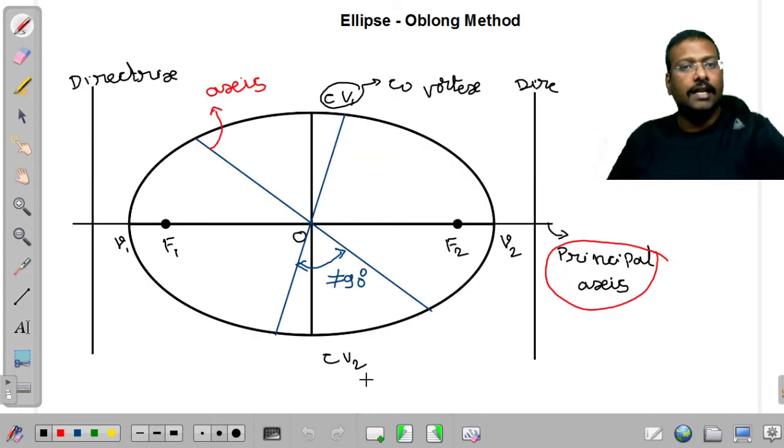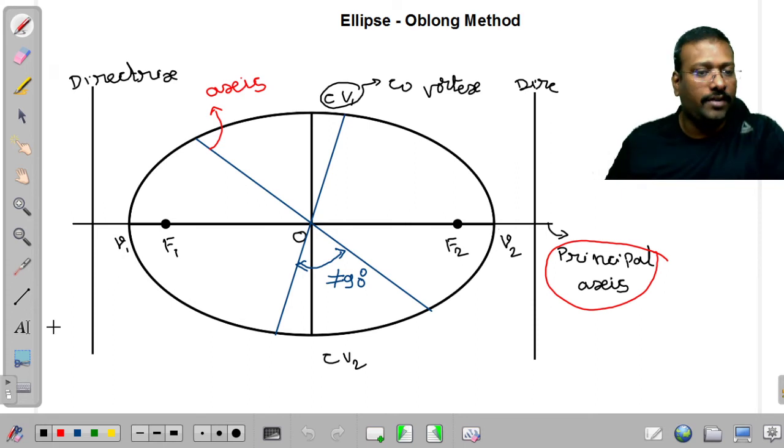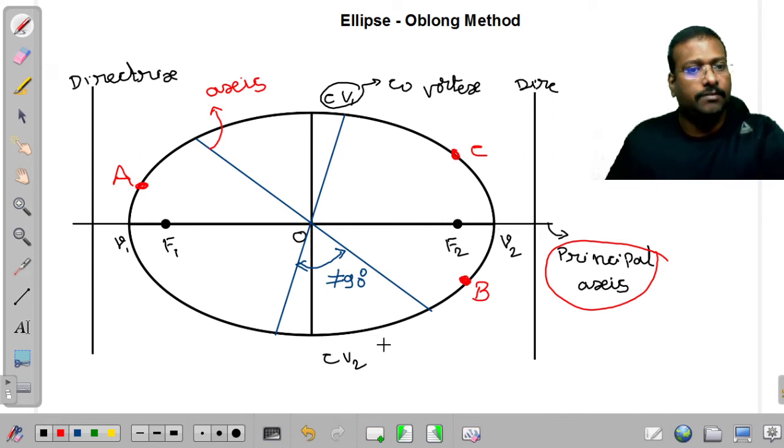Let us consider 3 points on the curve are given: this is one point, A. This is another point, B. And one more point is C. If these 3 are given and the point C is not equidistant from A and B, then we can apply the parallelogram method. I will write down this information also in the statement.